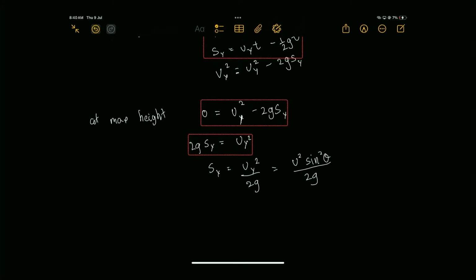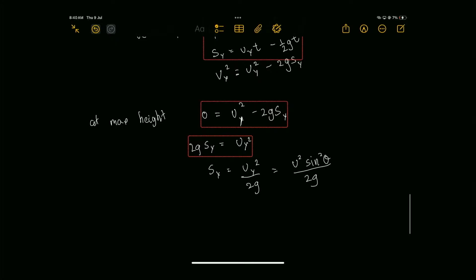Now, something else that could be asked is the time of the flight, right? So basically, how long does it take to go from one end to the other end? So what we could do is utilize the symmetry of this case.